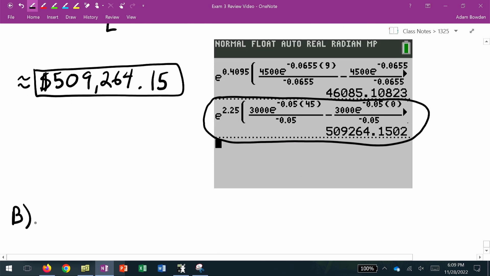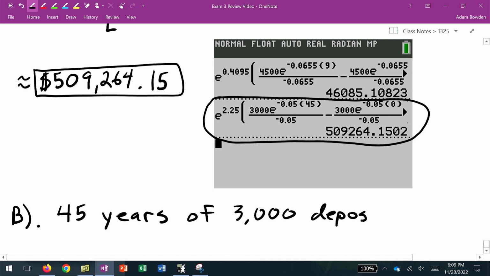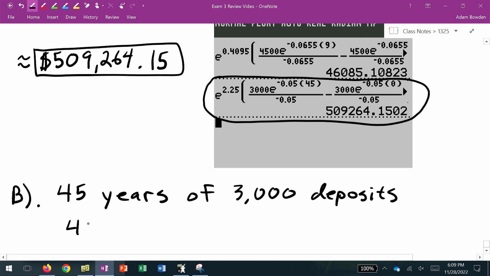Okay, now part B asks how much of this is interest and how much of this is money that was deposited. Well, in this case, there's 45 years of $3,000 deposits each year. So the amount of money that was deposited is 45 times 3,000, which is $135,000.